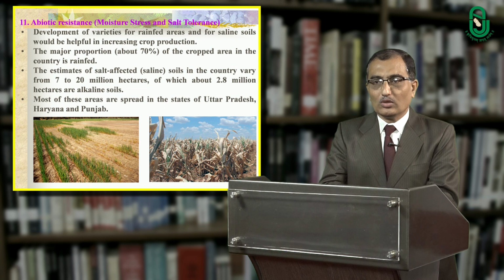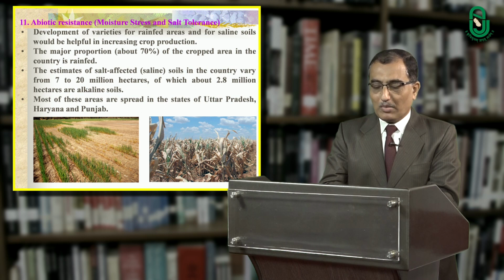The estimated salt affected soils in the country may vary from 7 to 20 million hectares, out of which 2.8 million hectares are alkaline soils. Such soils can be utilized if you develop abiotic stress resistant varieties. Most of the areas are spread in the states of Uttar Pradesh, Haryana and Punjab. So they can come under cultivation if you develop abiotic stress resistant varieties.